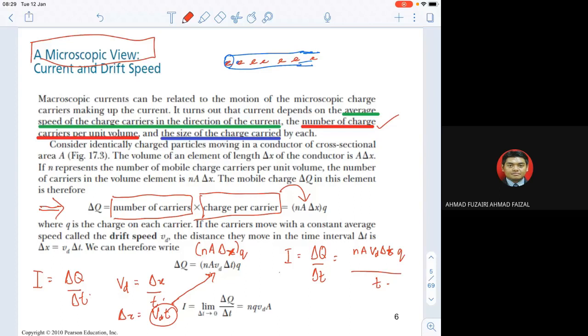So we can cancel out delta t and t. So in the end, we will have n A vd q, which is equivalent to I.